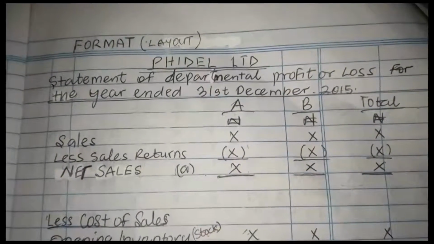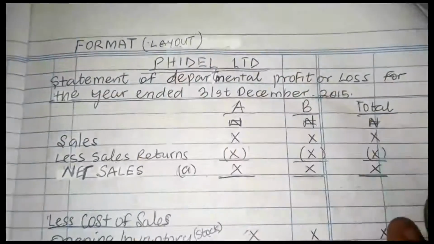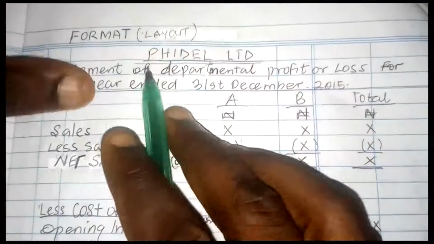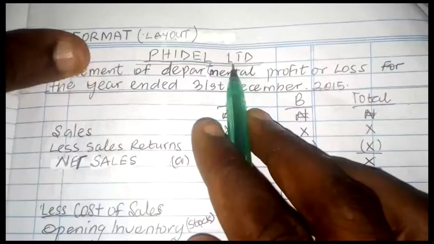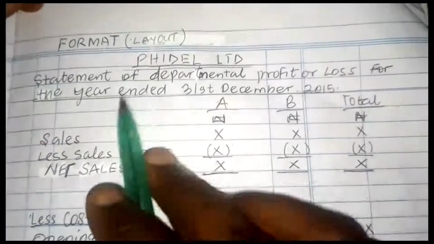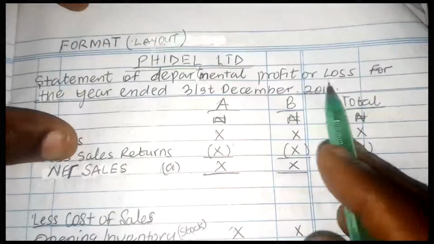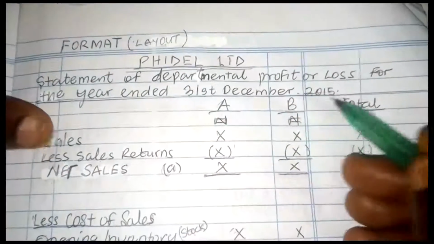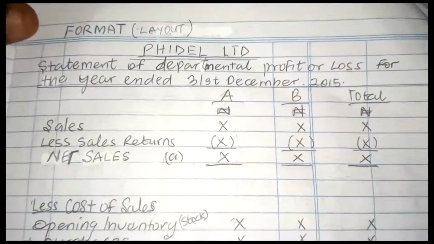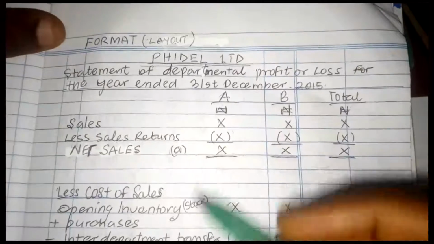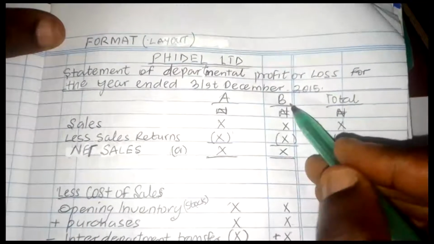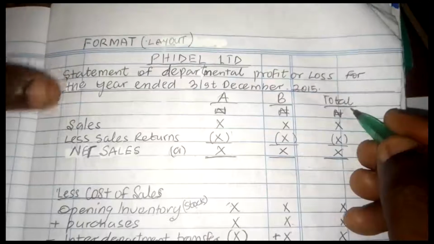The format simply means the layout. Look at this very example of Fidel Limited. The statement of departmental profit or loss for the year ended 31st December 2015. You start by writing the name of the department, Department A, Department B, for example. Then you write total.